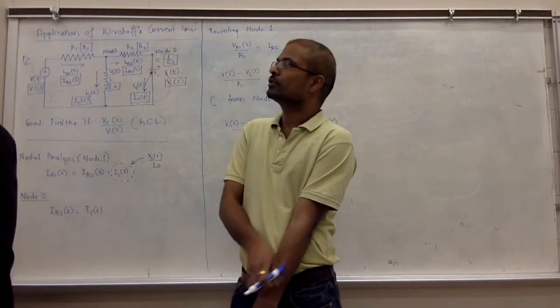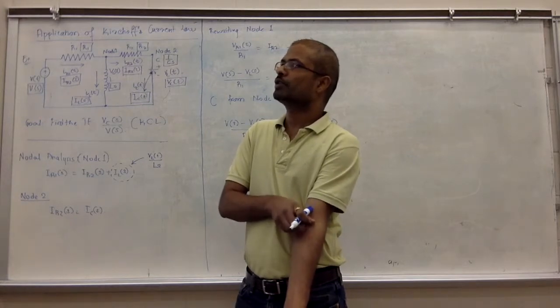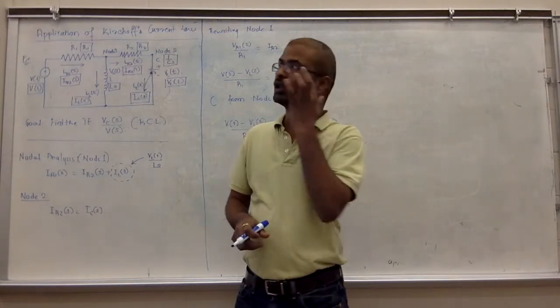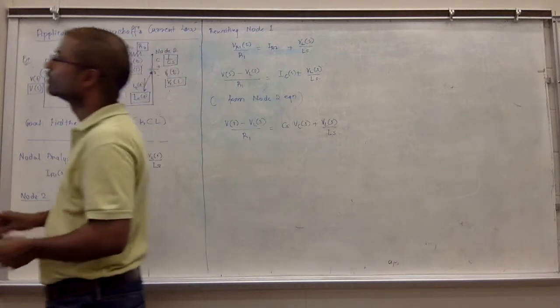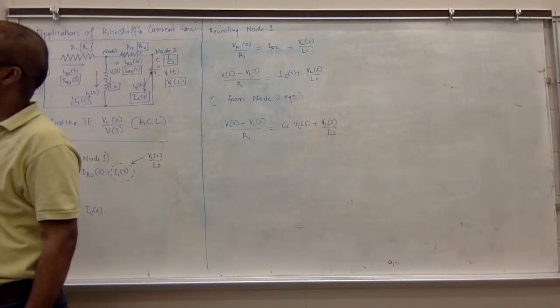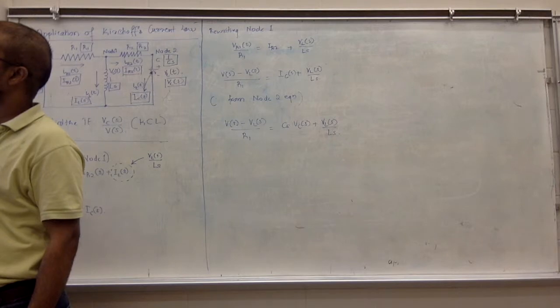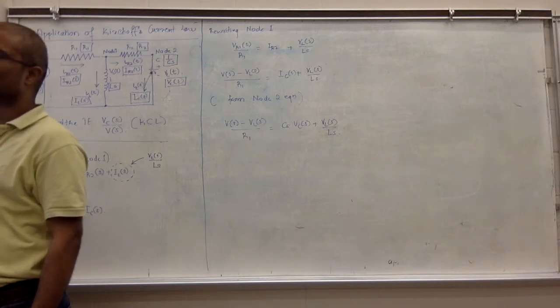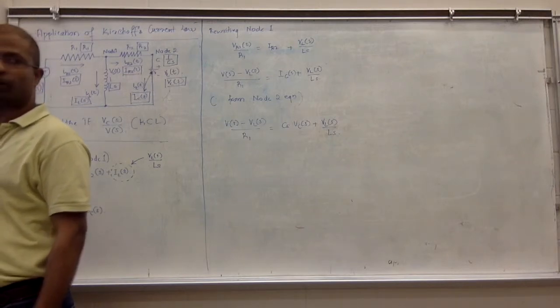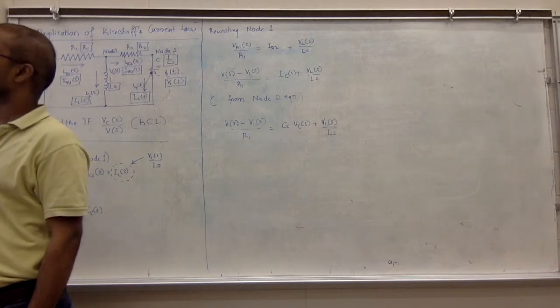So you have to understand this. It's very simple actually. This is the voltage current relationship. What law is this? This is Ohm's law in time domain, expressed as a function of time.